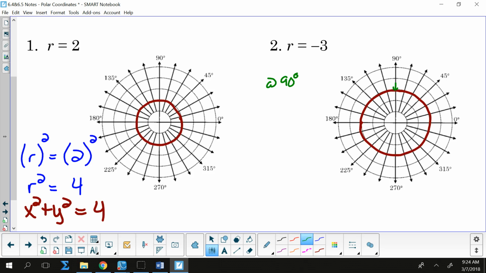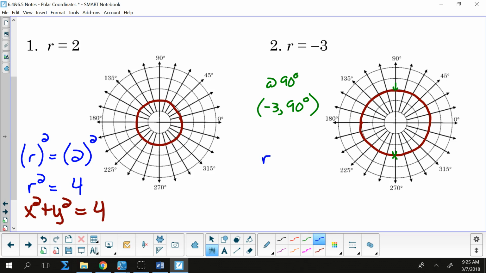I'm way down at the bottom of the circle. So this would be negative 3, 90 degrees, the point that I would be at. So it still makes me a circle, but I've got to think on the opposite side of the circle because the r value is negative.